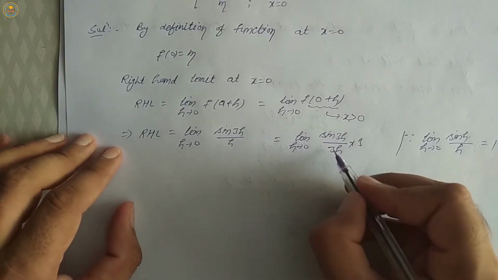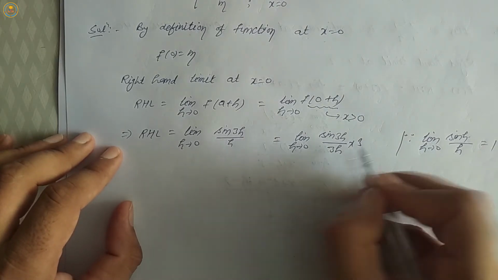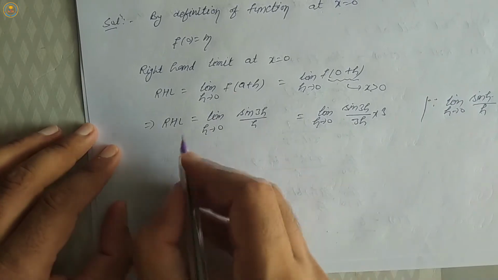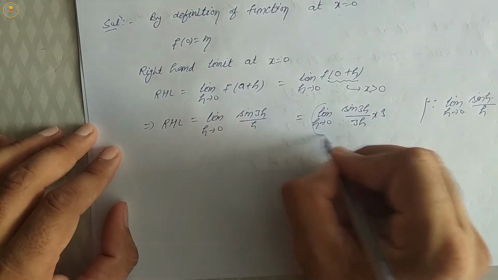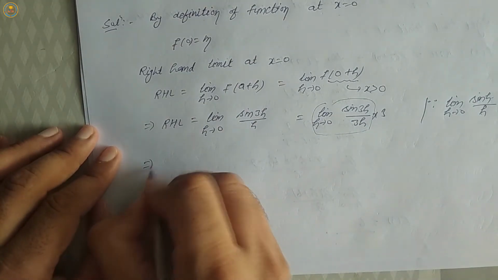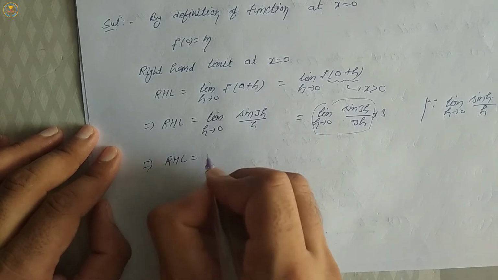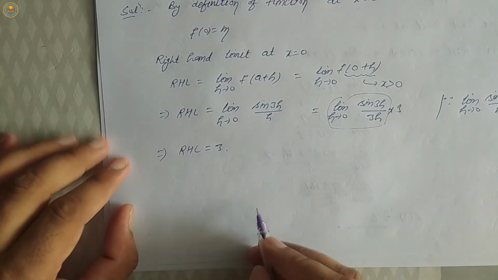So in the numerator and denominator multiply by 3. Limit h tends to 0 sin 3h/3h is equal to 1. 1 into 3 is equal to 3. It means RHL is equal to 3.